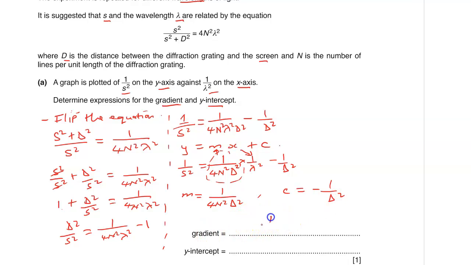Therefore, our gradient here is 1 over 4n squared d squared. Write this nicely. And our intercept is minus 1 over d squared. There you are.